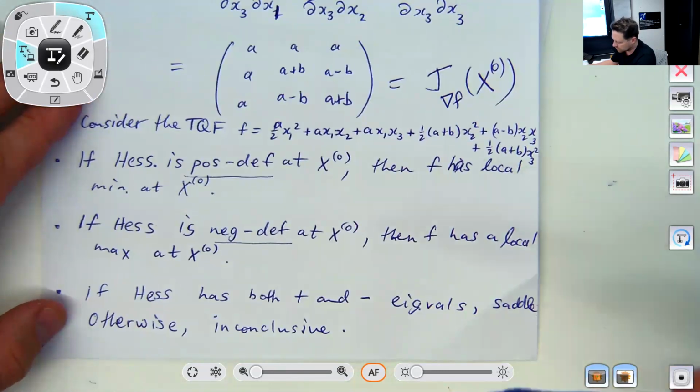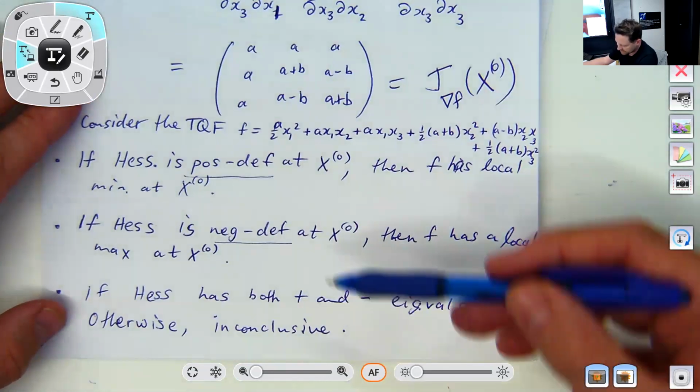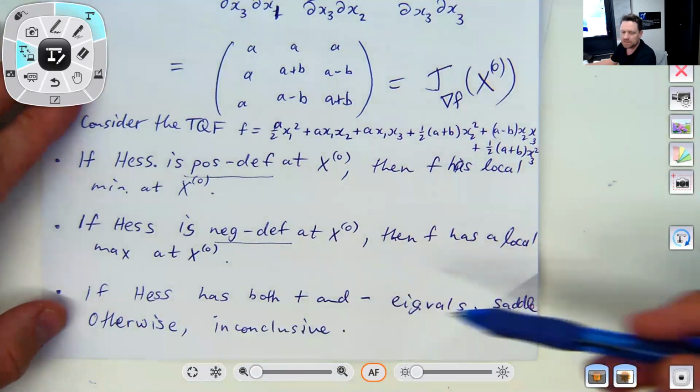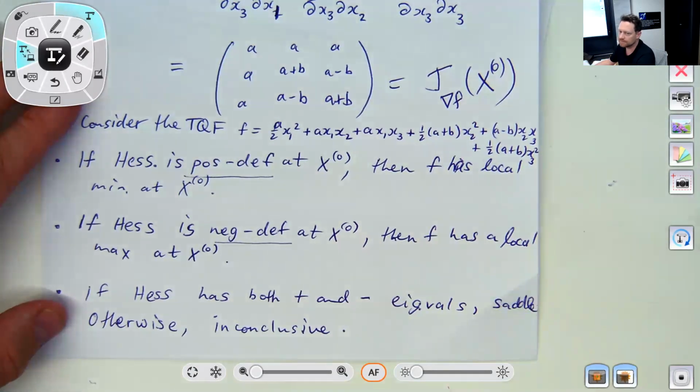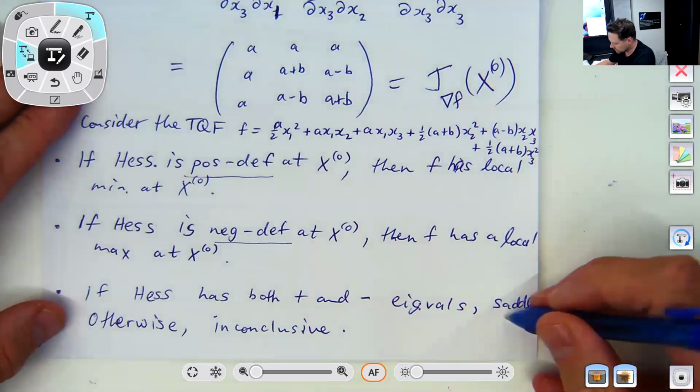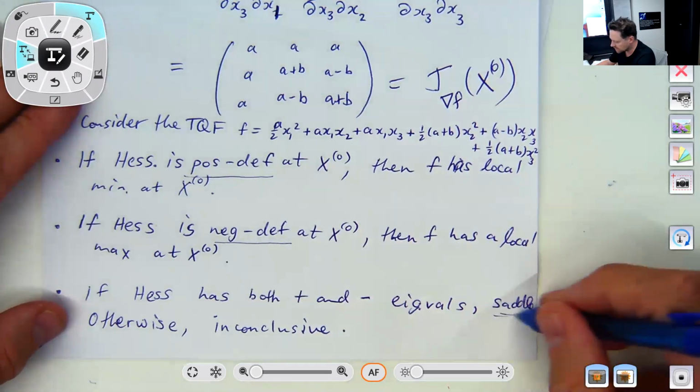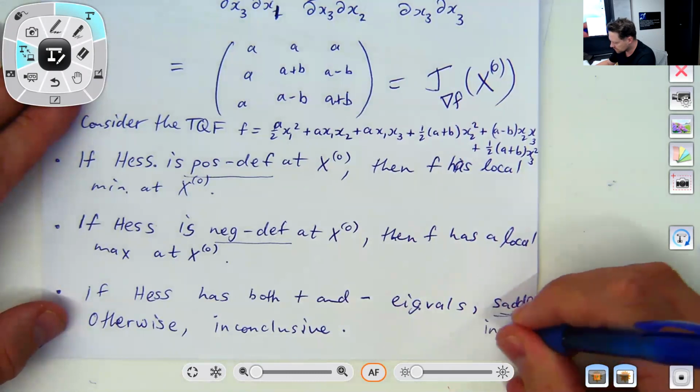If it doesn't have any of the above, then you've got an inconclusive case in classifying your matrix and the corresponding quadratic form. Another word, the generalization of saddle, would be indefinite.